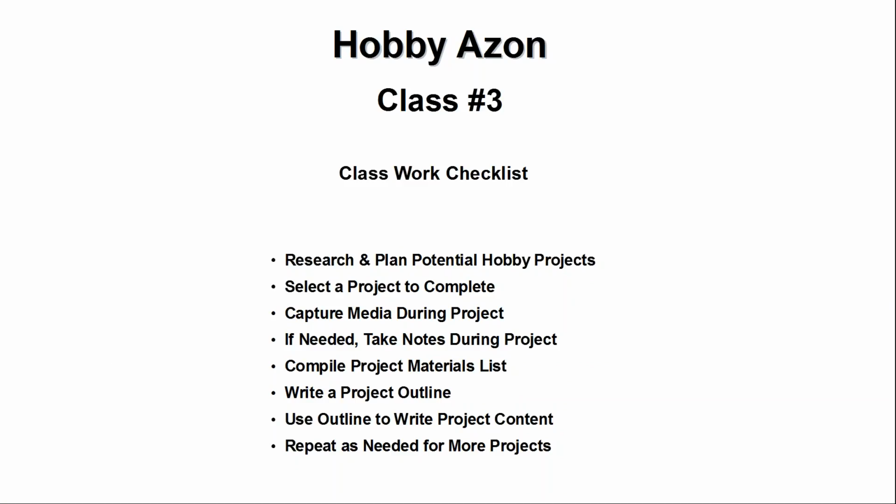So with that said, we get to the classwork checklist here. This checklist simply details everything that I've been talking to you guys about so far in this class. How to go about planning out these hobby projects, coming up with a list of potential projects that you can do, and then essentially gradually over time you work on completing these projects.